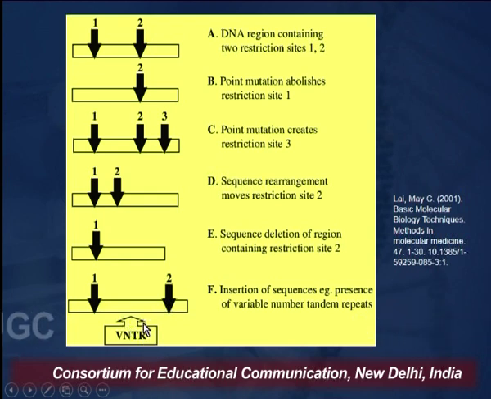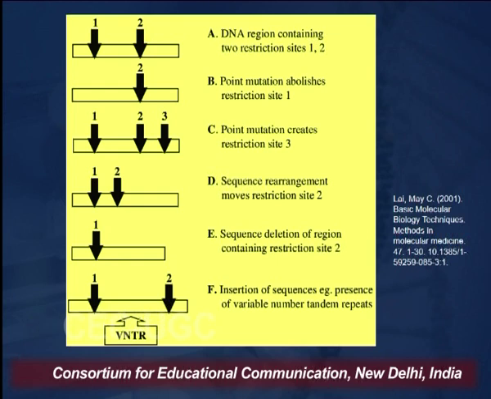So, what are VNTRs? VNTRs are variable number of tandem repeats. That is, in between the two restriction sites there are tandem, meaning one after another, repeated sequences. Each block of repeated sequence can occur a variable number of times in different DNAs.